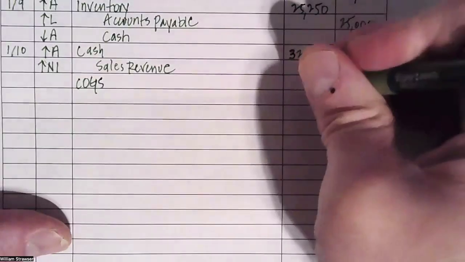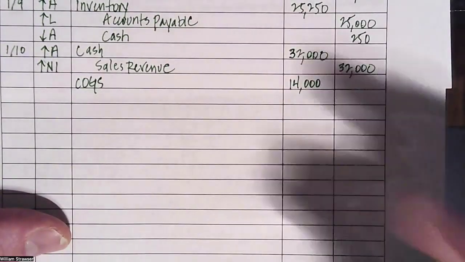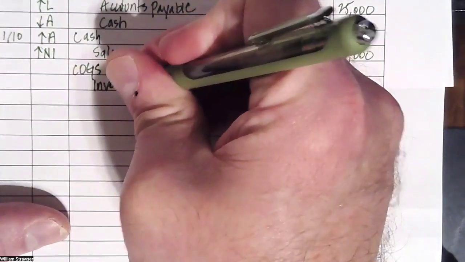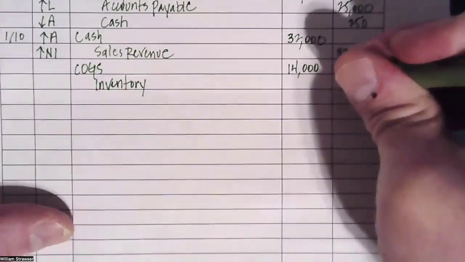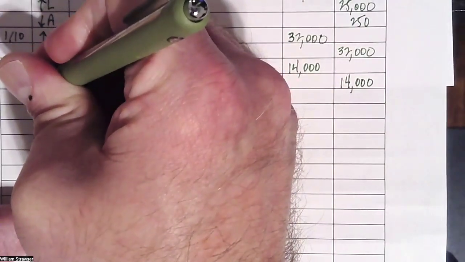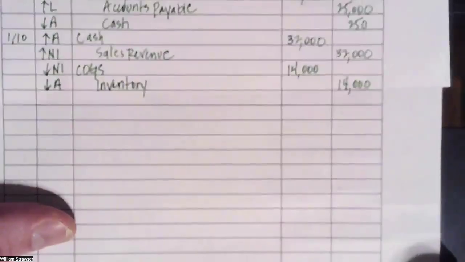So on that same date, I would match the expense of that inventory as cost of goods sold, 14,000, and recognize the fact that because I record my inventory at what it cost, I have to reduce my inventory account by $14,000. So debiting cost of goods sold reduces my net income, and crediting inventory reduces my assets.